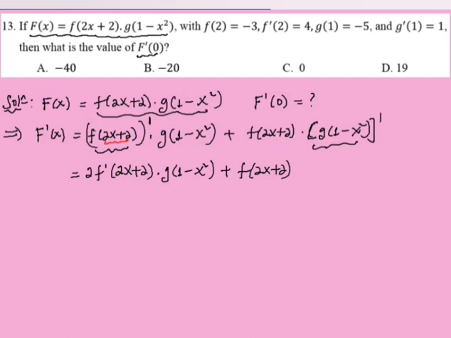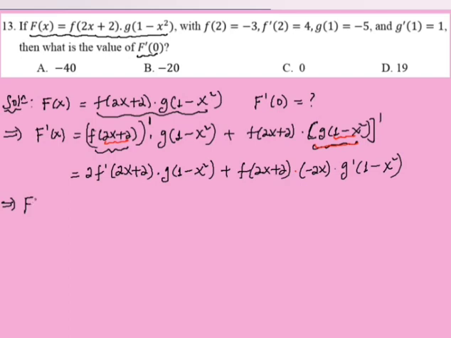Here the derivative of g of 1 minus x squared can be obtained by using the chain rule. Take the derivative of the inner expression, 1 minus x squared, which is minus 2x, then times g prime of 1 minus x squared. We have this as the first derivative.